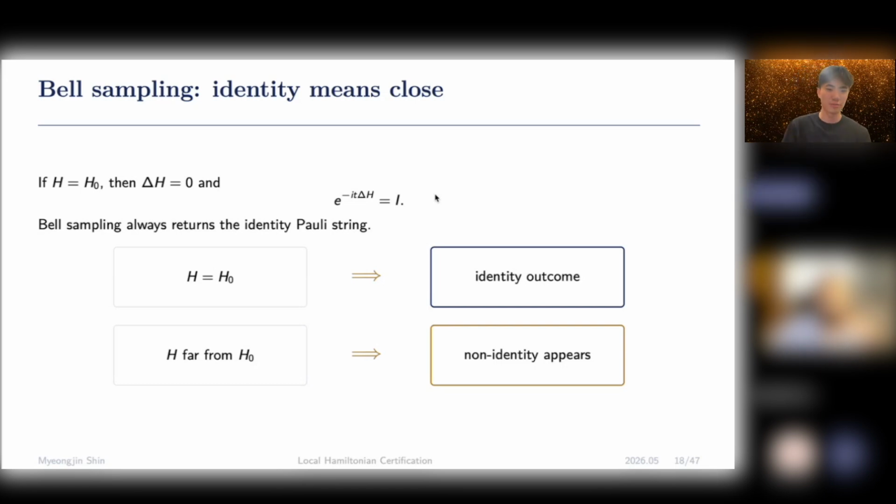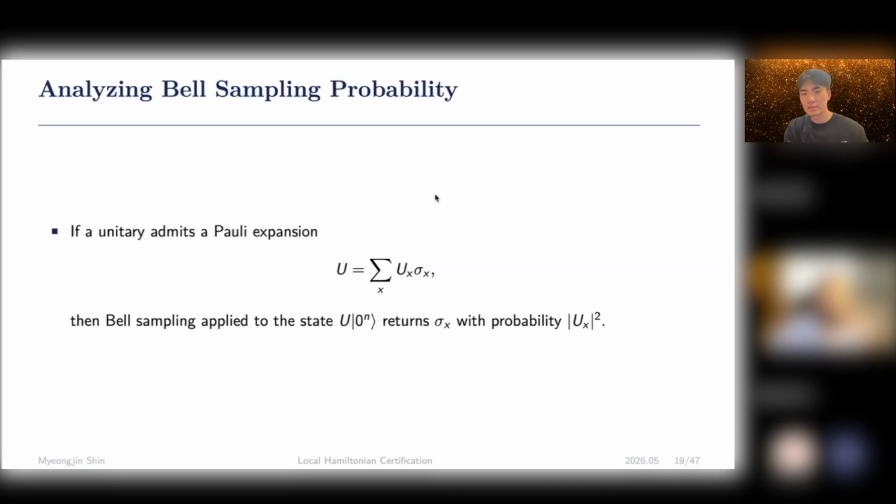And now we need to prove that this works. As said, Bell sampling is just trying to get the Pauli coefficients of a unitary.